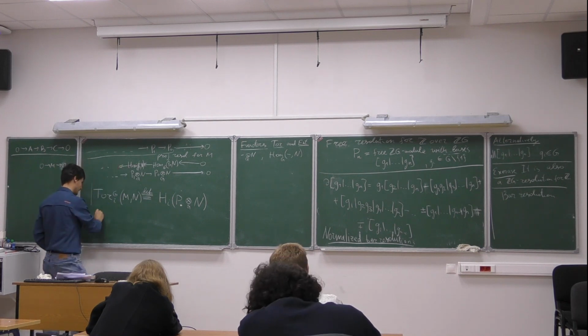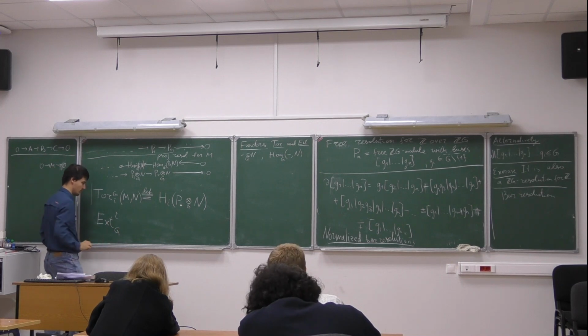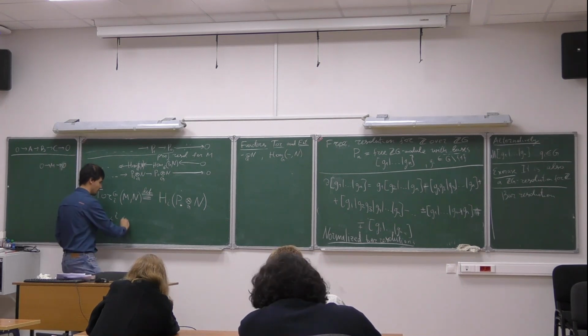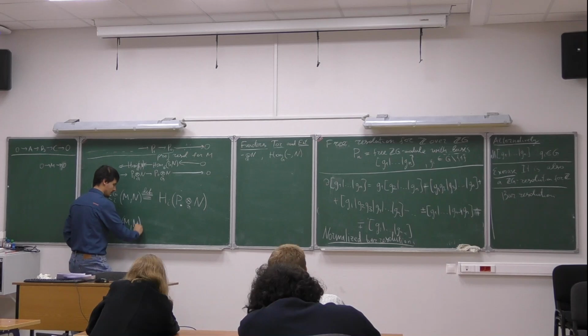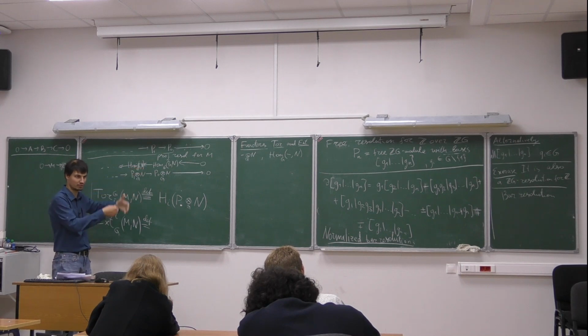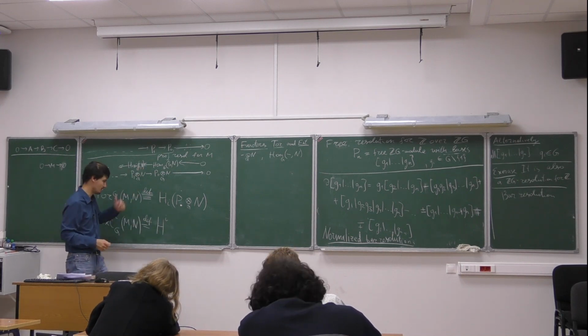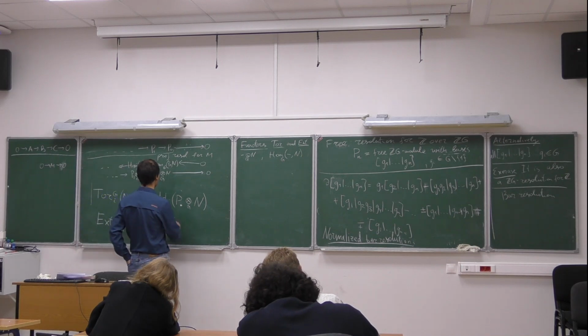So Ext i over the G from M to N is again by definition the homology of this cochain complex. But now it is better to say that this is cohomology, the ith cohomology of this cochain complex.